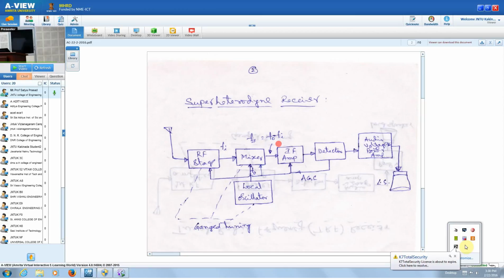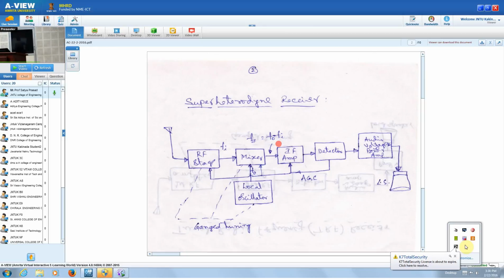So you are mixing these two, the difference between two inputs, F0 minus Fs. That's what we are having. F0 minus Fi is going to Fs. Okay, that's the signal that we are going to have.